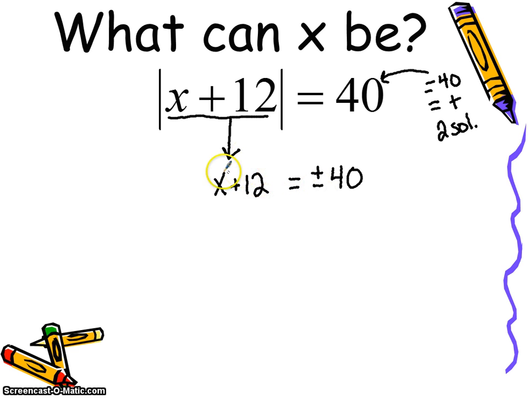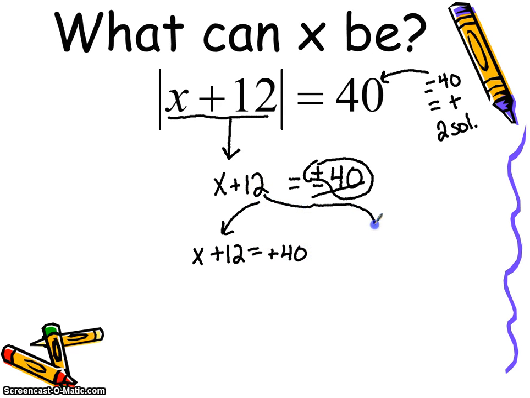Now that x is not isolated, we're going to have to create two equations, one for positive 40 and one for negative 40. So we know that x plus 12 could be positive 40, but also that x plus 12 could be negative 40.